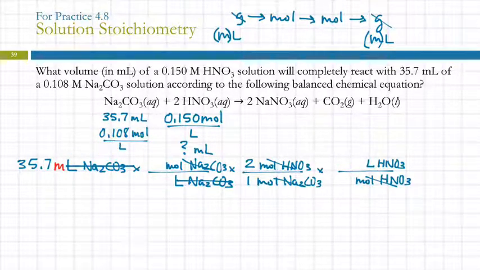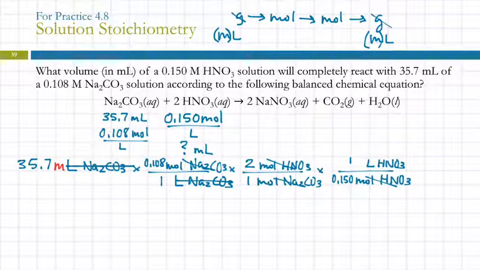So the molarity, moles per liter for the sodium carbonate, is 0.108. 0.108 moles for every 1 liter. The last one is the molarity of the nitric acid, 0.150. So 1 liter, 0.150 moles of nitric acid.